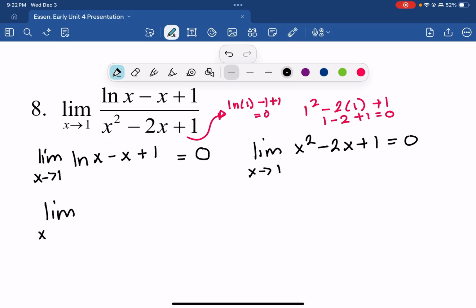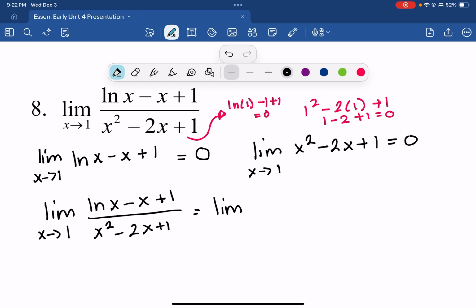So the limit as x approaches 1 of the natural log of x minus x plus 1 all over x squared minus 2x plus 1 is going to equal the limit as x approaches 1. Now we start taking derivatives.